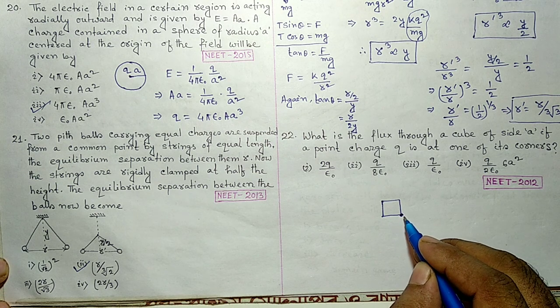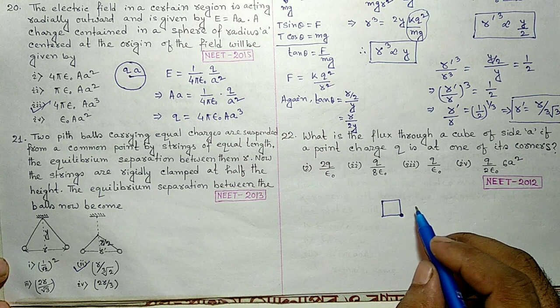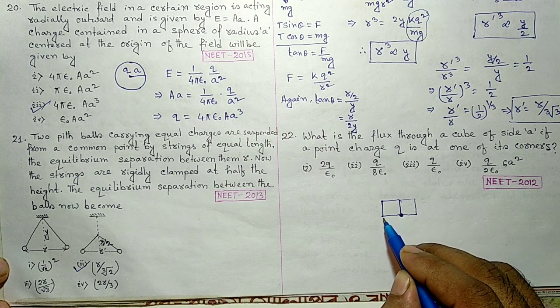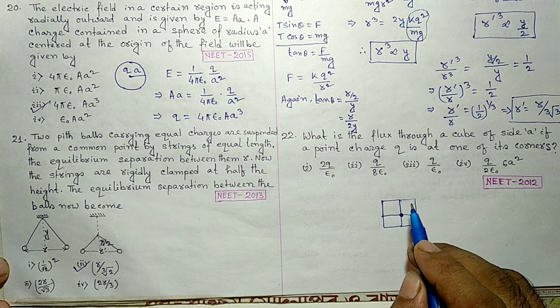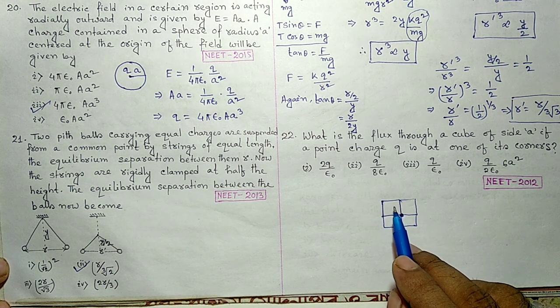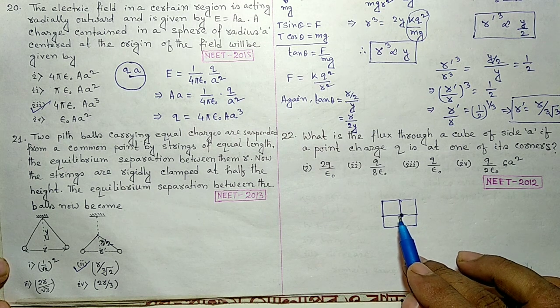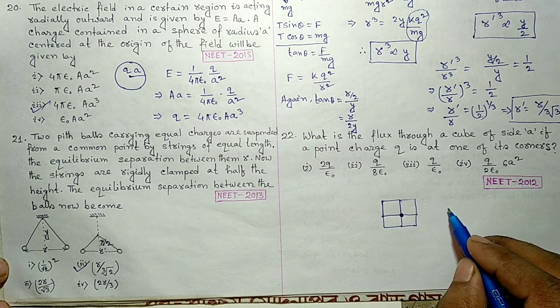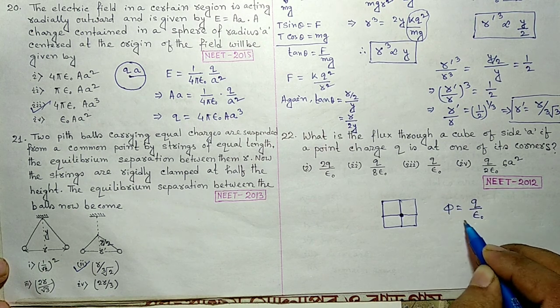Now, to cover that charge completely, we need such kind of 8 cubes. If we place 4 cubes above, then this charge is completely covered. Then for that case, flux phi is equal to q by epsilon naught.